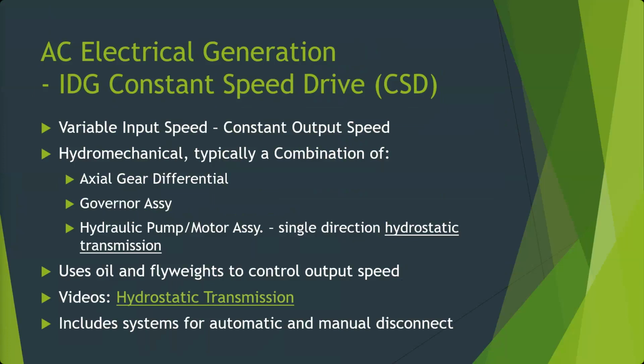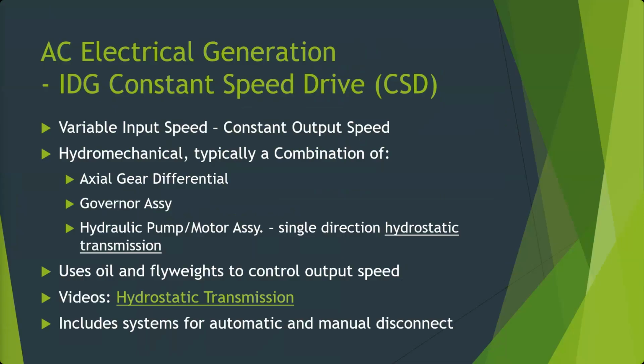If the engine slows down, the output starts to slow, and those flyweights are going to come in. That's going to port fluid the other direction to speed up the output to bring it back to an on-speed condition. So it uses a similar type of governor as what you would see in a propeller. By the way, engine hydromechanical fuel controls do the same thing on a turbine engine as the prop governor on a piston engine.